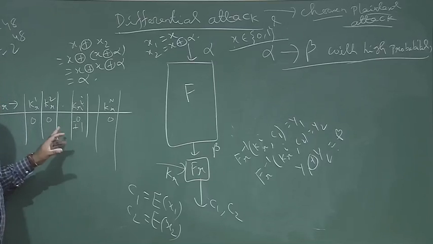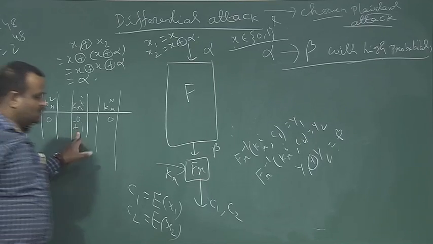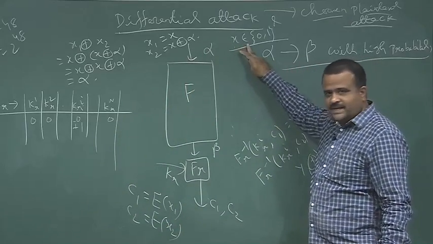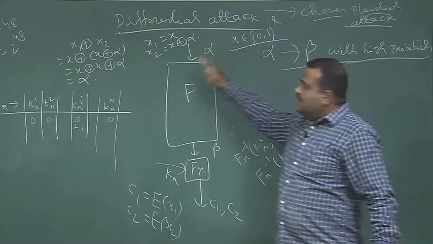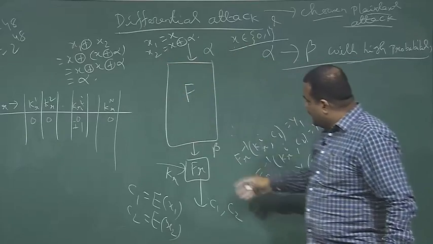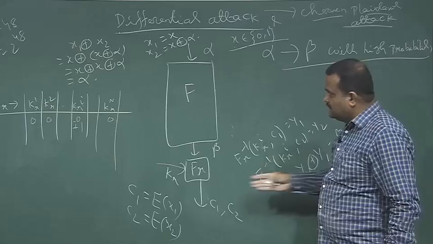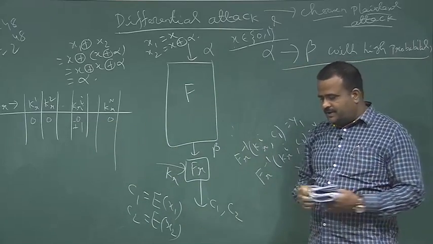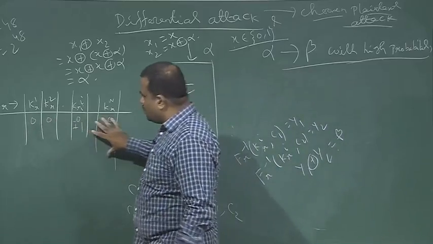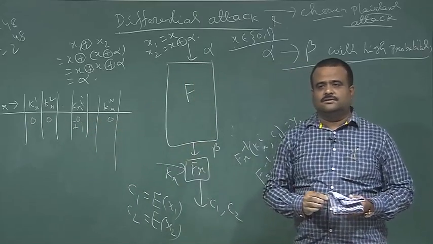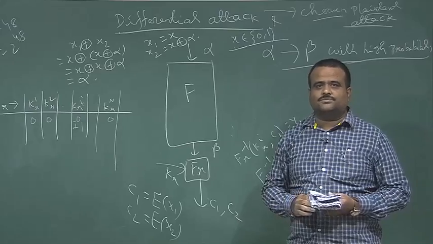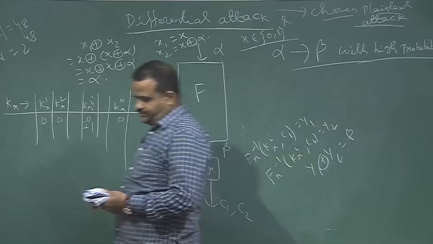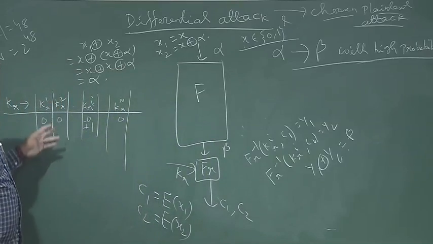We do this for all possible plaintexts: we take another plaintext as x1, choose the corresponding x2, and try all possible keys. This way we compute this table, and after completing it, the key whose frequency is more is the corresponding rth round key. So, this is the brute force way, but this will give us the rth round key.